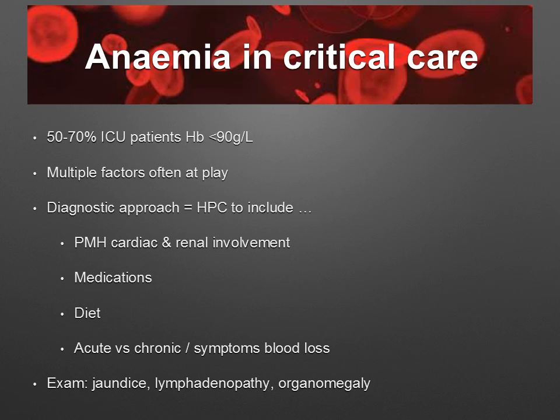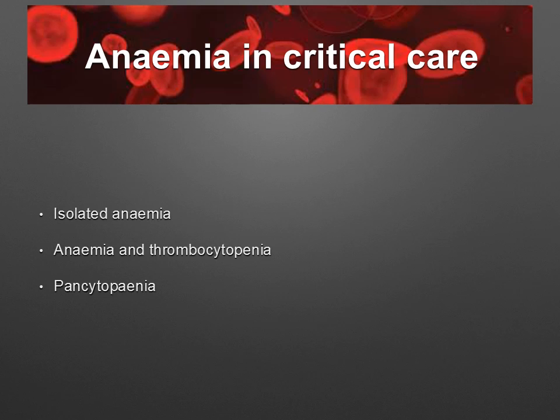You need to consider whether the hemoglobin drop has happened acutely or chronically, and in the examination, examine for jaundice, lymphadenopathy, and organomegaly. If you see a low hemoglobin level, it's important to consider if it's an isolated anemia, or are you dealing with a low hemoglobin level associated with other cytopenias, such as thrombocytopenia or indeed pancytopenia.